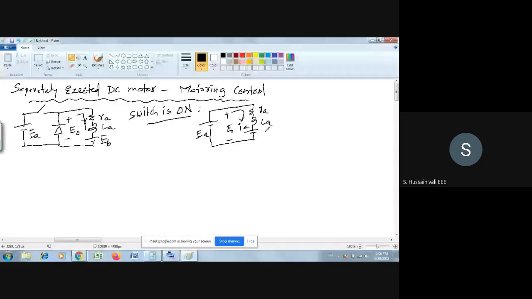So applying KVL in this circuit, we see E naught is equal to IA RA plus LA dIA by dt plus EB. This is when the switch is on, that is, during the duration 0 less than or equal to t less than or equal to T on. So what is E naught here? E naught is EA.